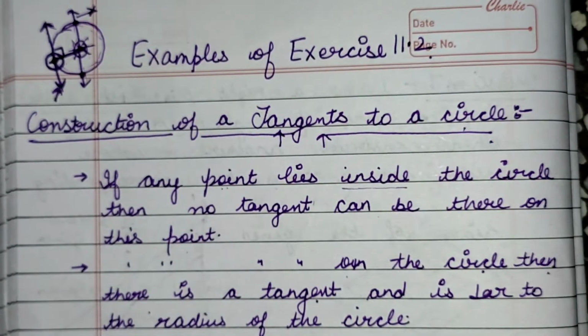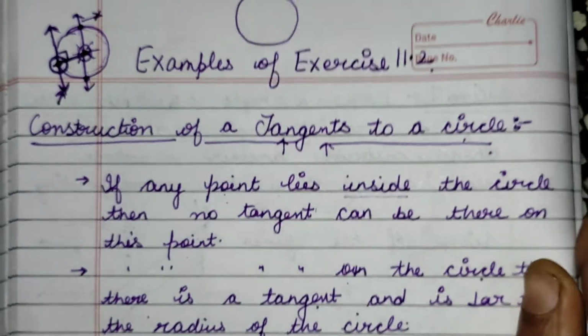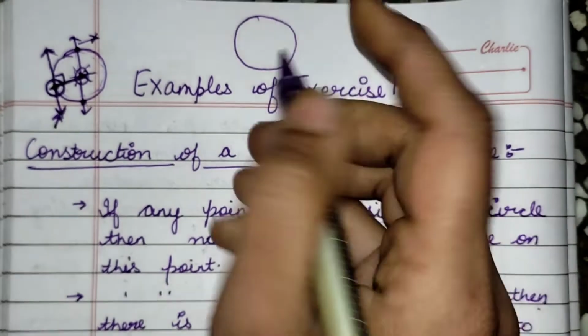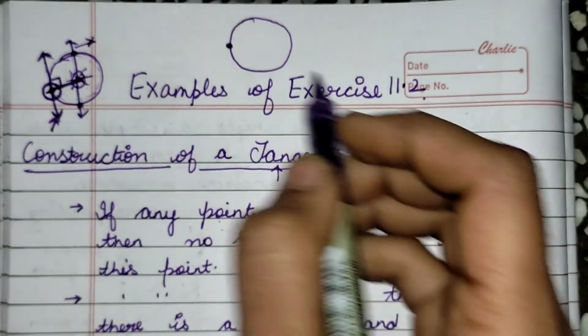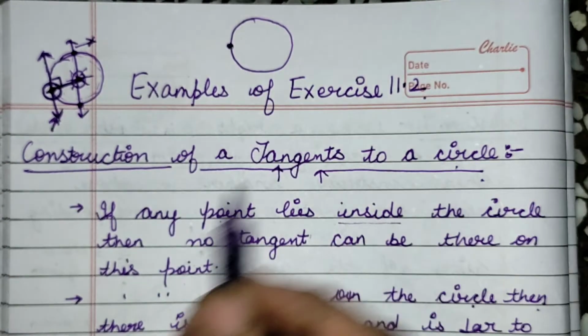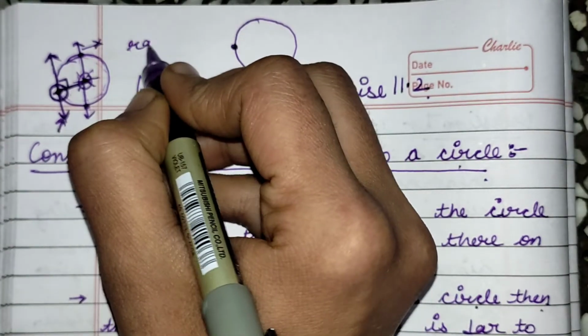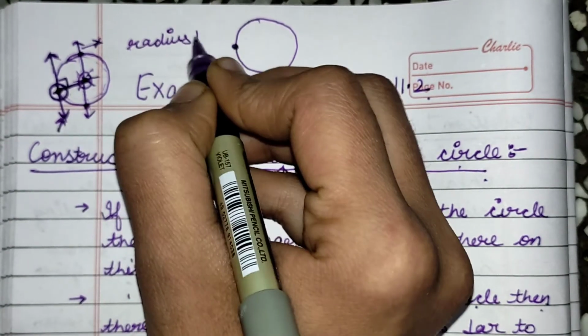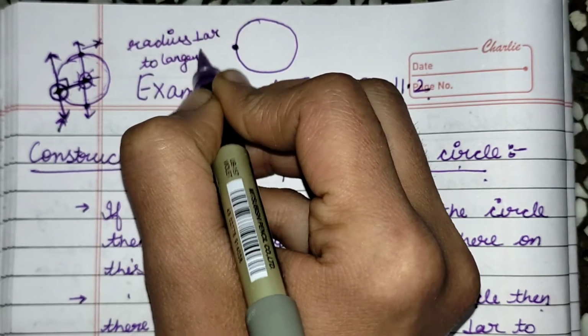So if a circle is given and you have to draw a tangent at a point on the circle, how will you proceed? You know this property that the radius is perpendicular to the tangent at the point of contact.